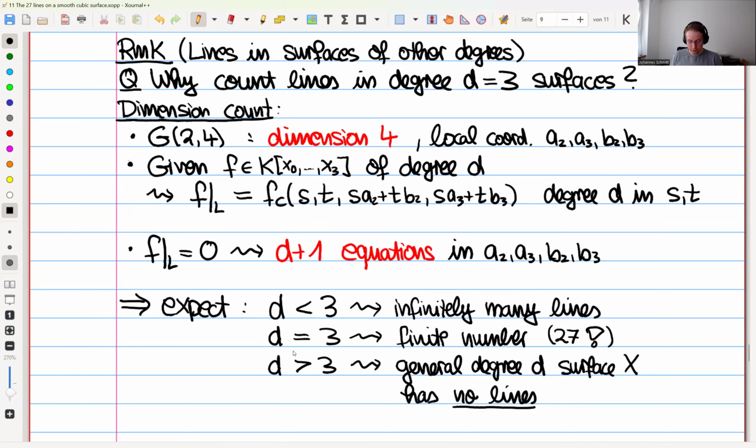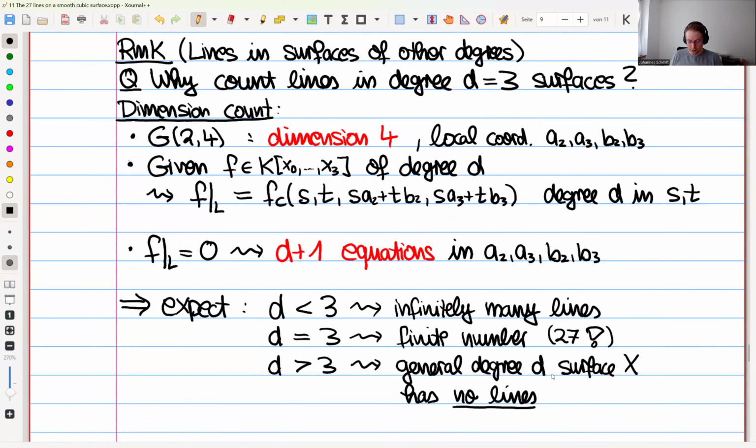And so at least in that case, we can just check that there are infinitely many lines. For degree 3, we have just computed, I mean, this was the entire chapter here. We have seen it's a finite number, namely 27. And then if you have degree greater than 3, then you have more equations than variables. Of course, this could potentially go wrong. Sometimes equations are redundant, but in this case, you expect that the equations are basically independent.